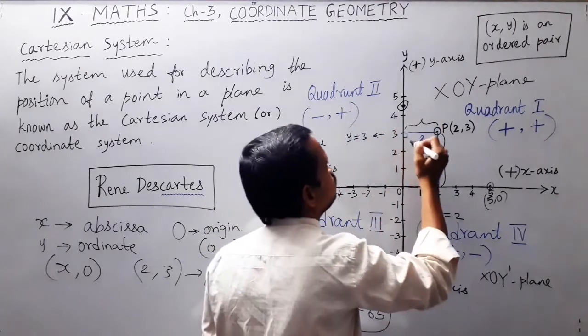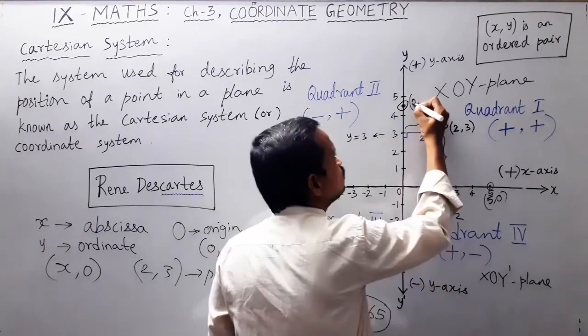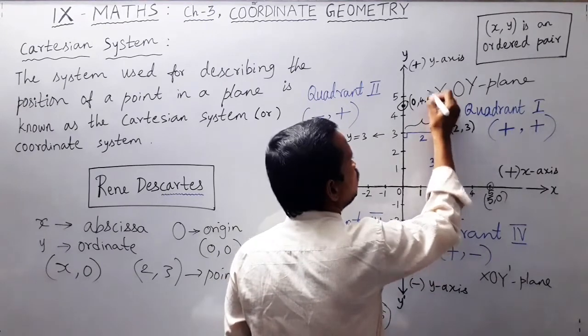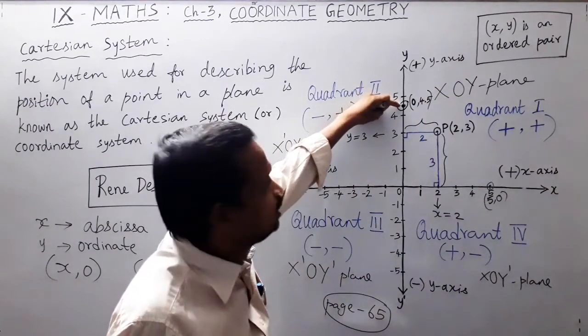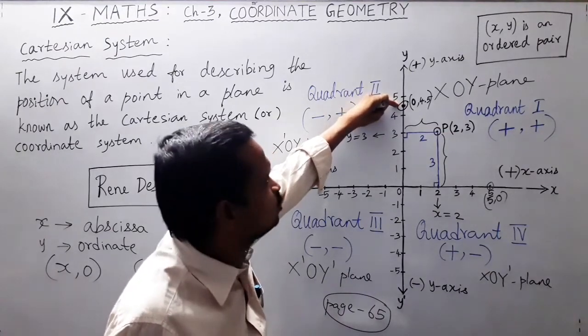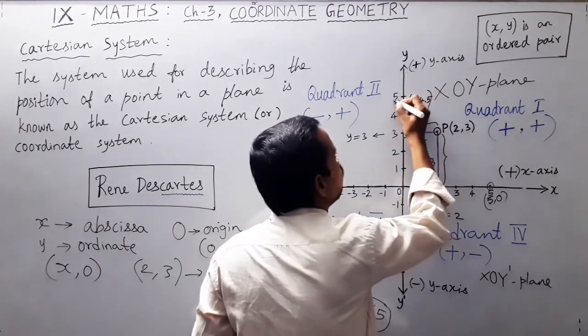So on the y-axis, for example, if it is 4.5, then you can write x is 0 and y is 4.5. So on the y-axis, this y value is 4.5, between 4 and 5, just I am considering 4.5.